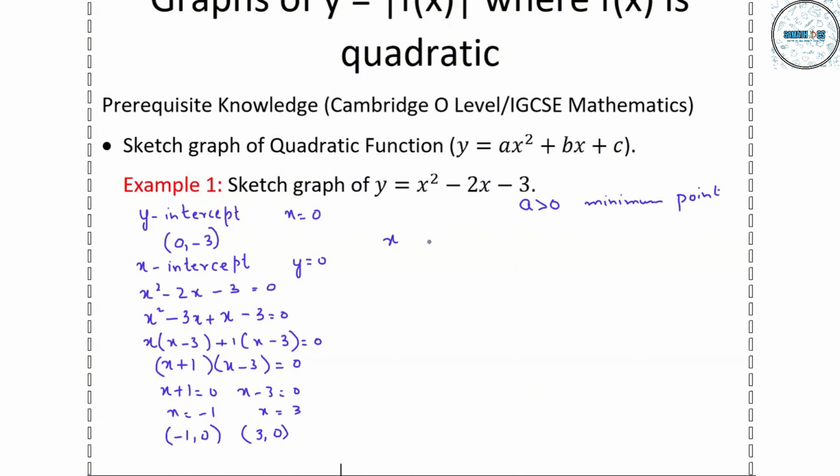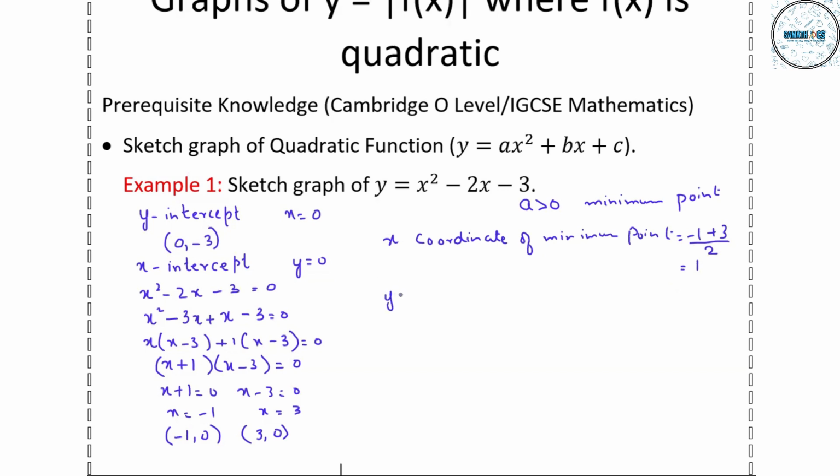For x coordinate of minimum point, we have to add these two x-intercepts and divide by 2. Minus 1 plus 3 divided by 2, which gives 1.